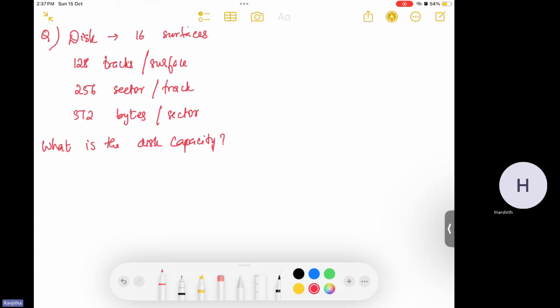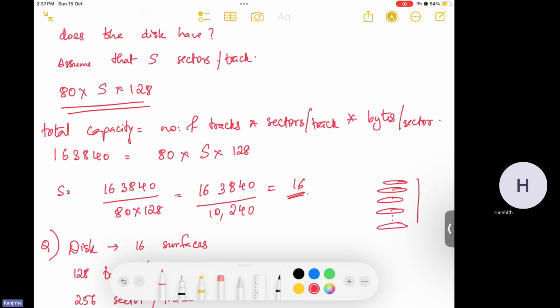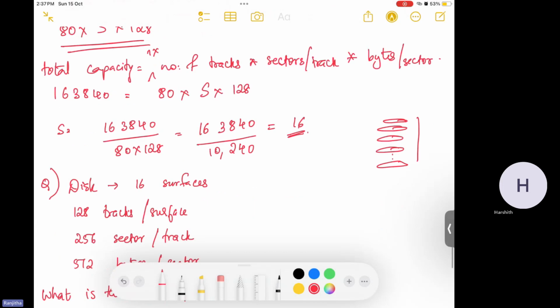Now let's compute the disk capacity. As I just mentioned, the capacity will be the number of tracks into sectors per track into bytes per sector. This is for one particular surface. If we have n different surfaces, it will be n into that, where n is the number of surfaces.